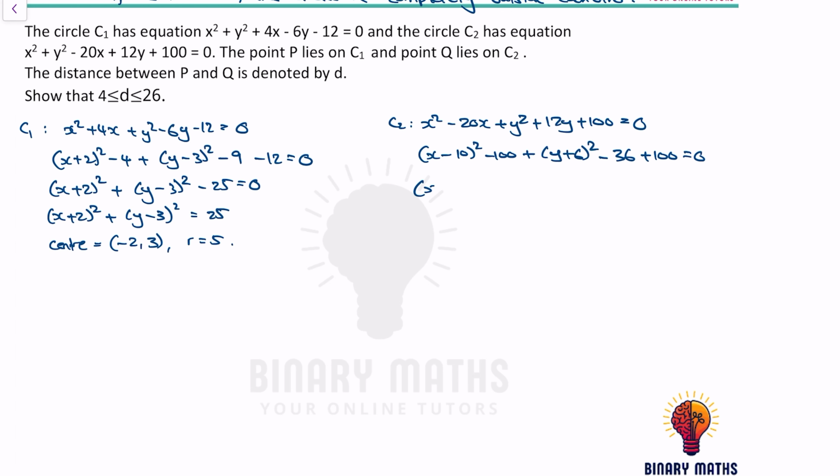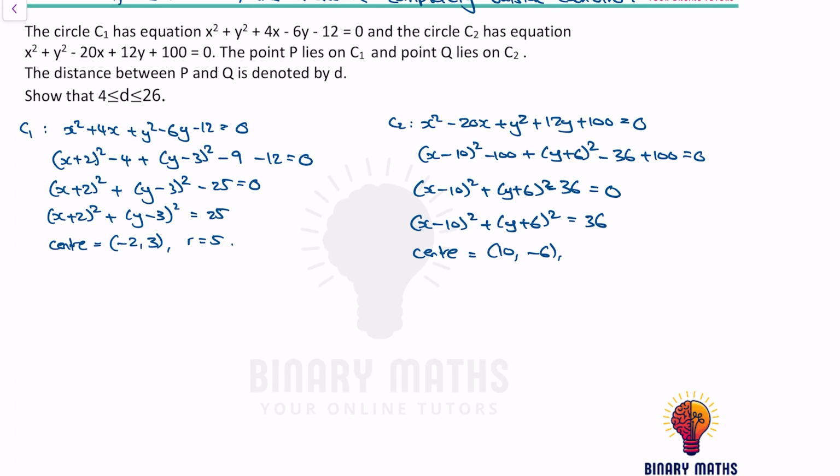If I clean this up, simplify the constants, I end up getting negative 36 equals 0. If I take the negative 36 to the other side, I end up getting positive 36, which means the center is (10, negative 6) and the radius is equal to 6.